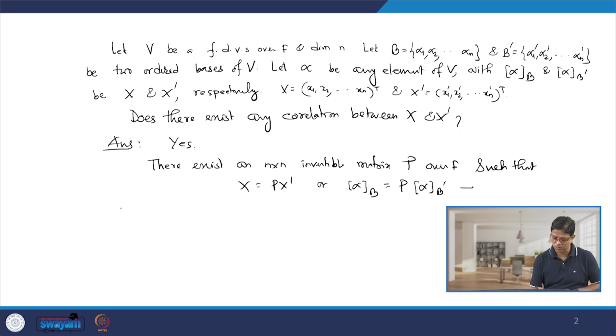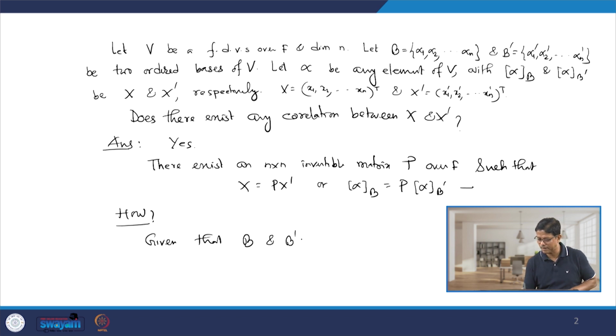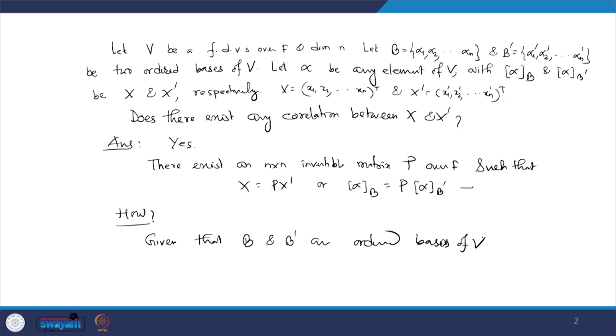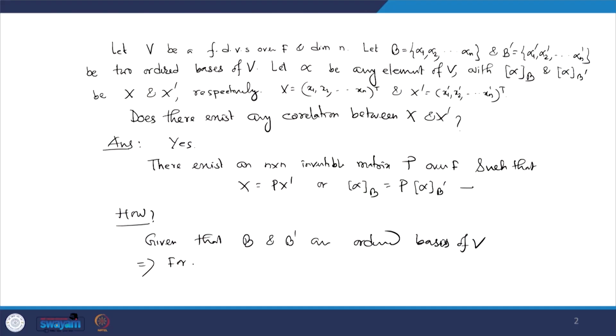So, now the question is how? Given that B and B prime are ordered bases of V, this implies that each element of B prime I will be able to express as a linear combination of the elements of B. So, I can say for each alpha j prime belonging to B prime, there exist n scalars, say P i j, i equal to 1 to n, such that alpha j prime equals sigma P i j alpha i, i equal to 1 to n.